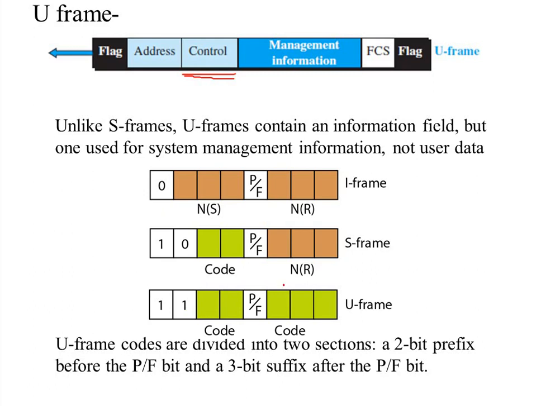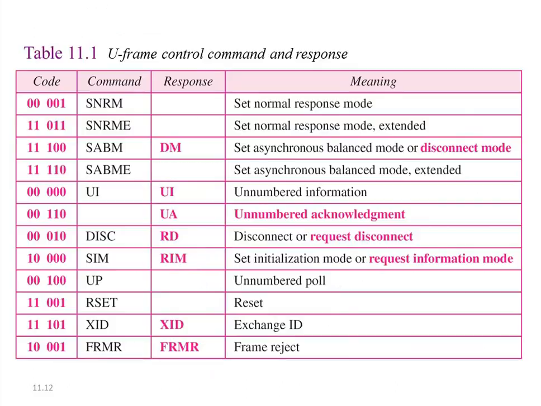Now there are 2 codes here, before the PF and after the PF. Before PF a 2-bit prefix is there, and after PF a 3-bit suffix is there. That consists of the information, and we are going to see what that information is.